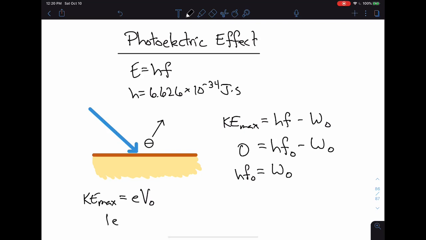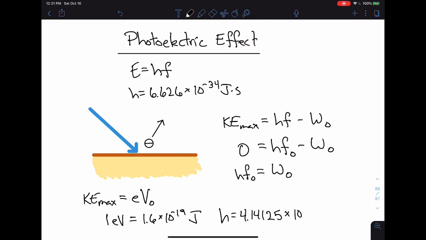And 1 electron volt, this is how we write it, 1 eV, is equal to 1.6 times 10 to the negative 19th joules. And on top of that, we can talk about h, if we're using electron volts, 4.14125 times 10 to the negative 15th electron volt seconds.